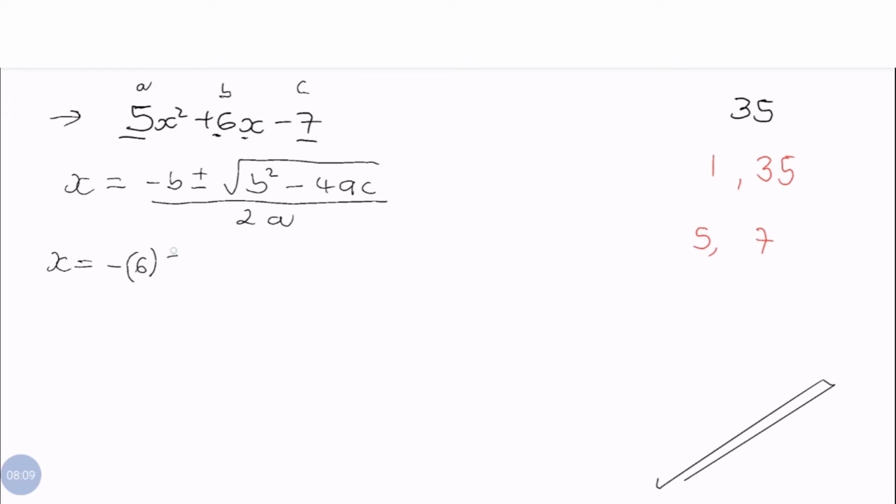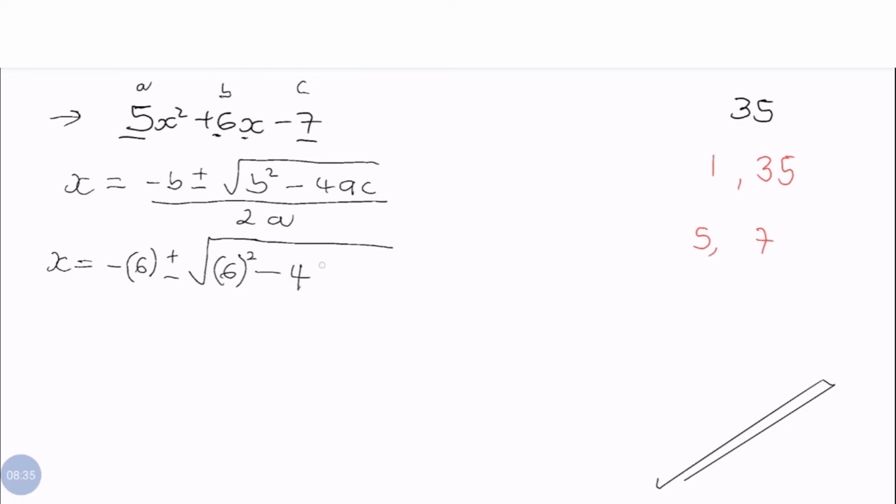So plus or minus root b squared. b is the coefficient of x, which is 6, and here we'll put it in brackets. 6, b is squared, so we'll also square the 6, minus 4ac.